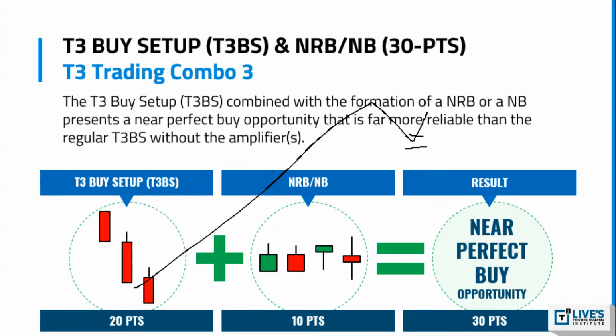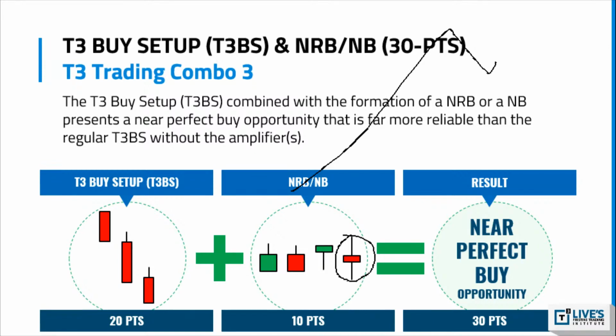If this buy setup was a little shaky, then this bar would be my favorite, because the breach of the high would be a strong indication that the stock is higher. And since it's a little shaky, I want all confirmation possible.